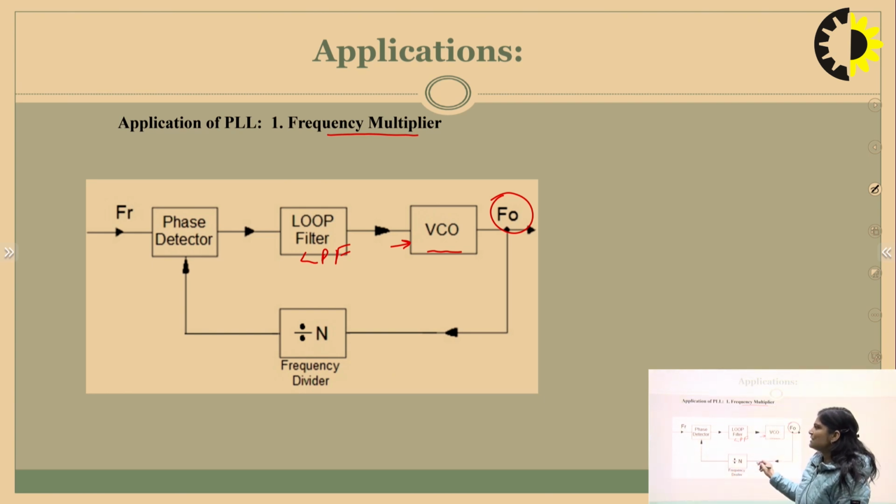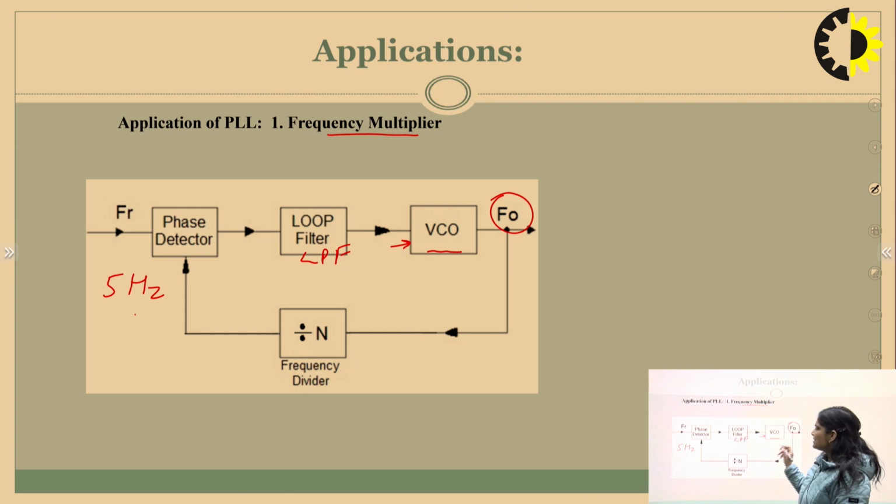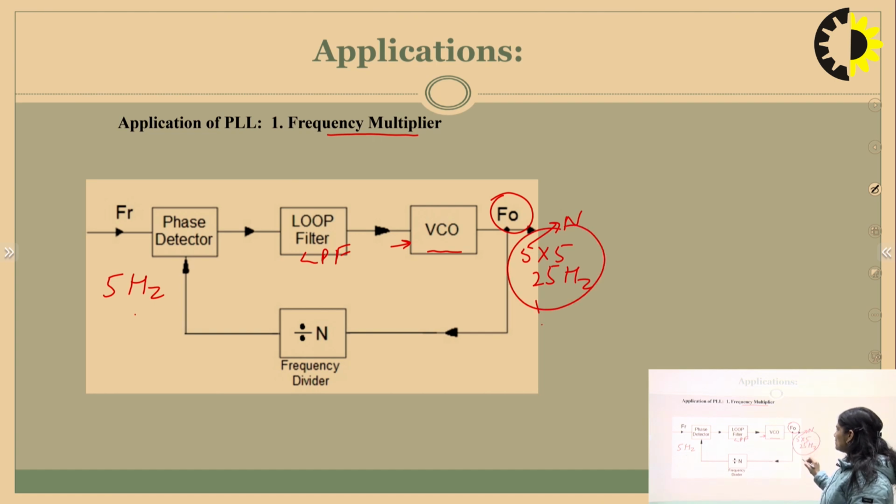Now, here frequency multiplier. Let us say we are applying 5 Hertz. If we are using a frequency multiplier, let it be 5 into 5, that means 25 Hertz. So, N is the number of the frequency divider. In this circuit, if we have to match the output frequency with the input frequency, it means the frequency should be equal to 5.